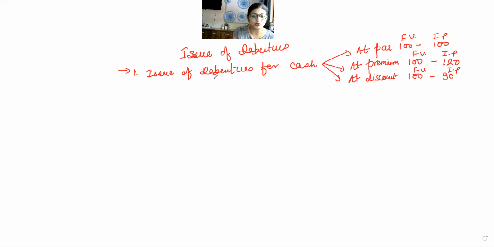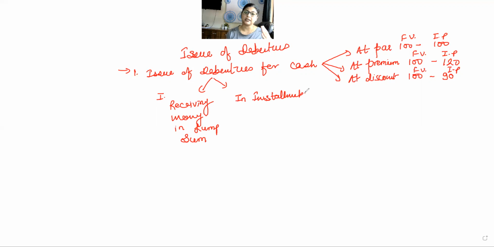Under this, there will be 2 more categories, that is receiving money in lump sum and the next one is in installments. Now it's like if the debenture's face value is 100 rupees and let's say it is issued for rupees 100 itself.